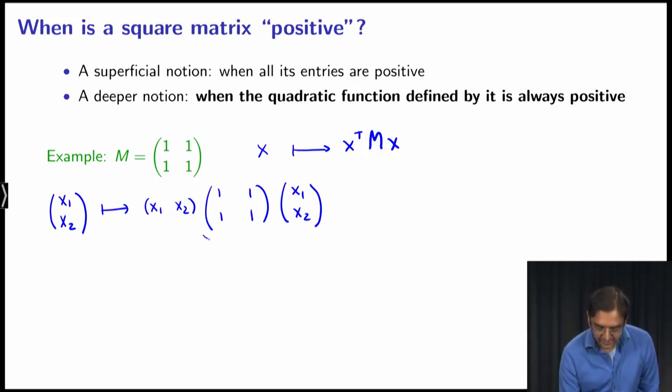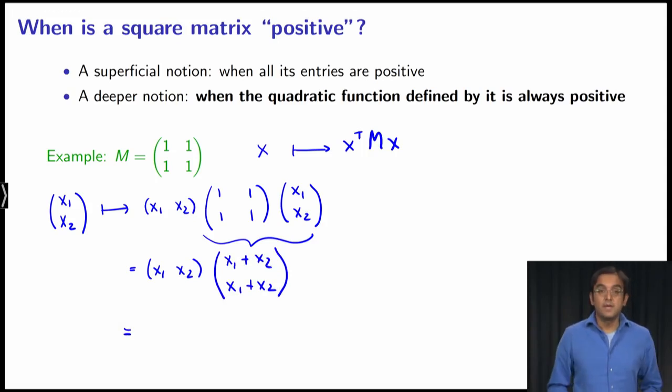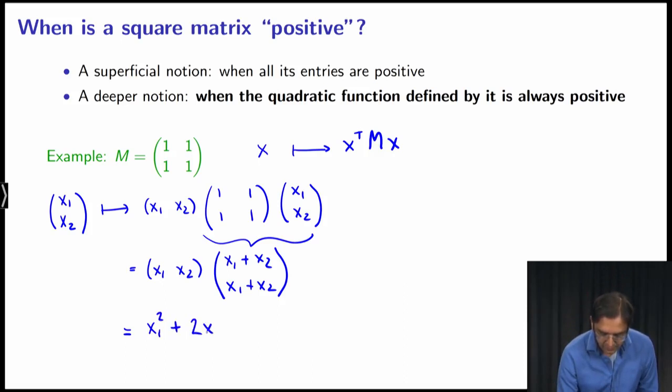Let's start by doing this. Okay, so we get (x1, x2), and here we get (x1 + x2, x1 + x2). And now we do the last product and we get x1 squared plus 2 x1 x2 plus x2 squared.